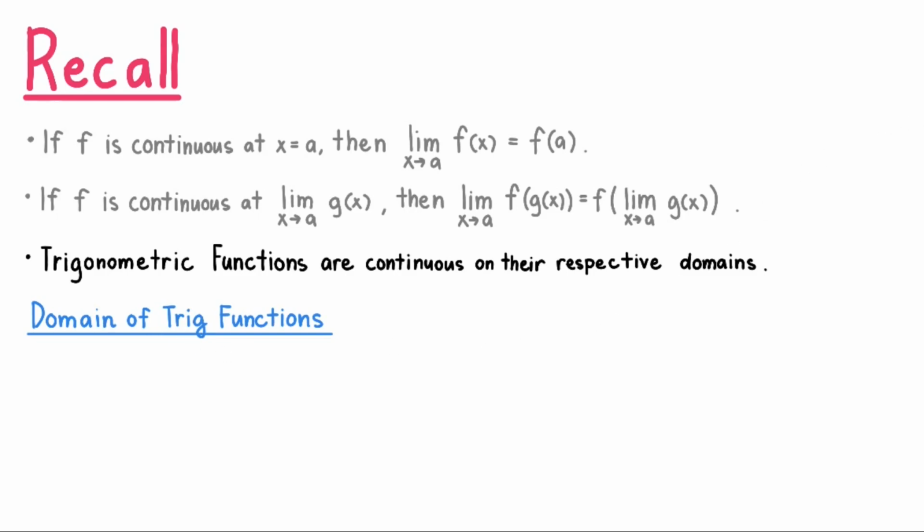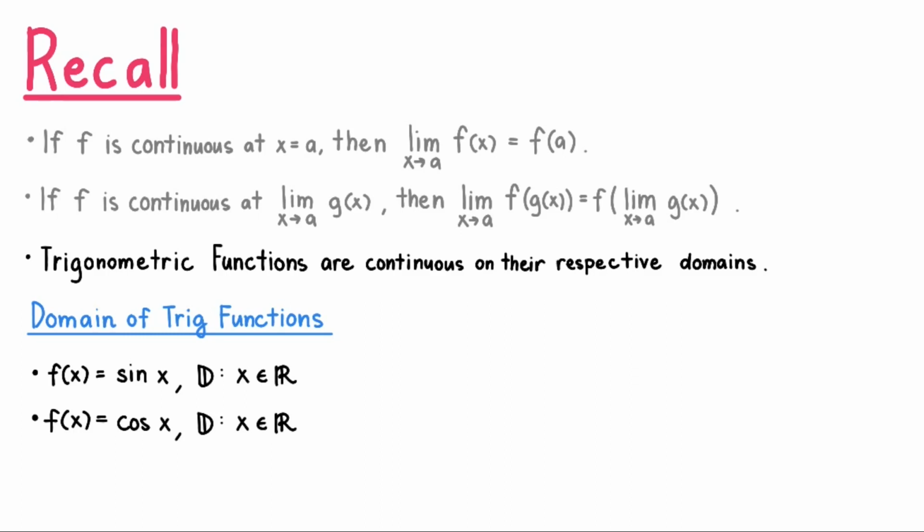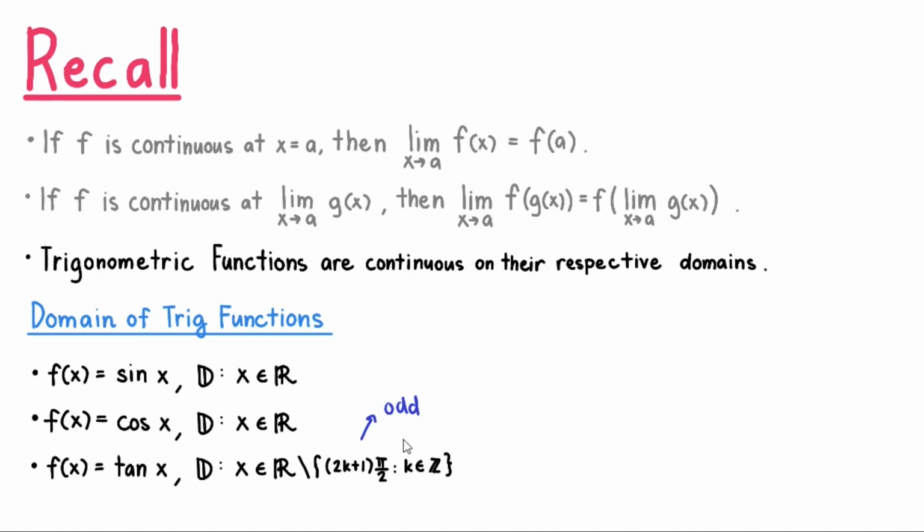To recall it, for the sine function, sine of x, its domain is all real numbers. Next, for cosine of x, its domain is similar, just all real numbers. For the tangent of x, this one is different. Its domain is all real numbers minus the (2k+1) times pi over 2, or the odd multiples of pi over 2.